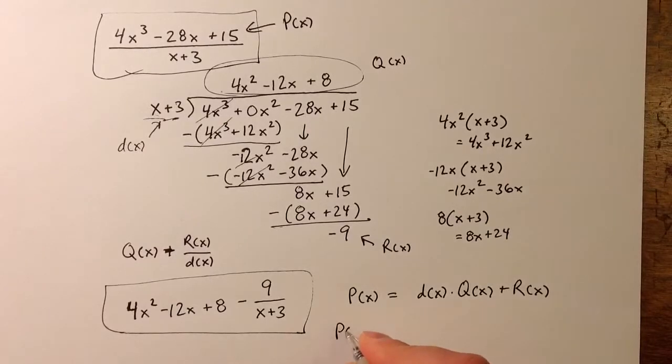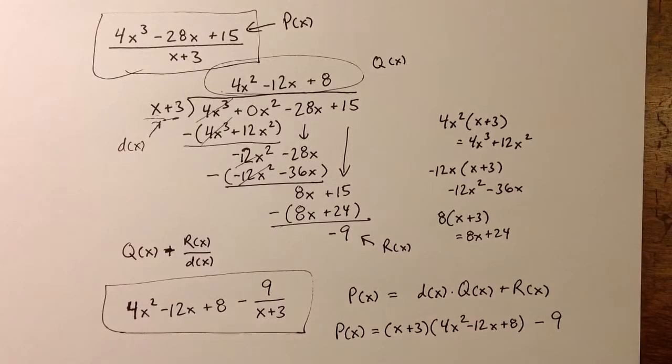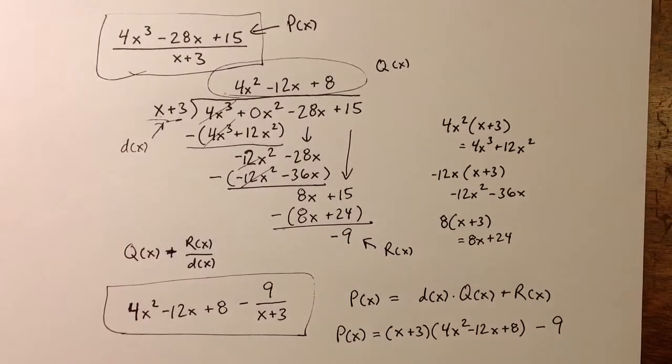So the original p of x, the numerator of the original rational expression, is actually equal to x plus 3 times the quotient that we found, 4x squared minus 12x plus 8, and then minus 9, just minus the remainder.